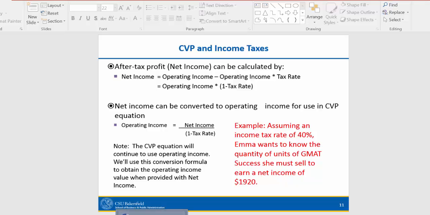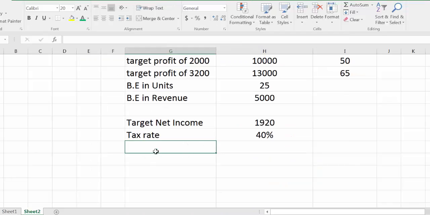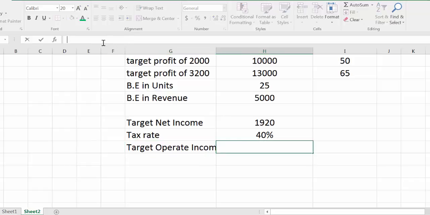Let me go back to the slide here. So now I'm going to find the target operating income. That equals the target net income, which is 1,920, divided by the quantity of 1 minus 40%, which is 0.4.